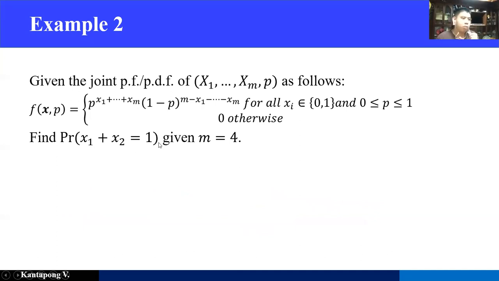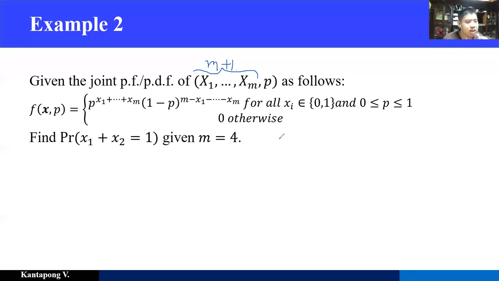For the second example, given the joint PF or PDF of this one, how many variables do we have here? m plus 1, because we are counting p also. So we have this one for x with this condition. We want to find the probability that x1 plus x2 is equal to 1, given m is equal to 4. What do we wish we knew?